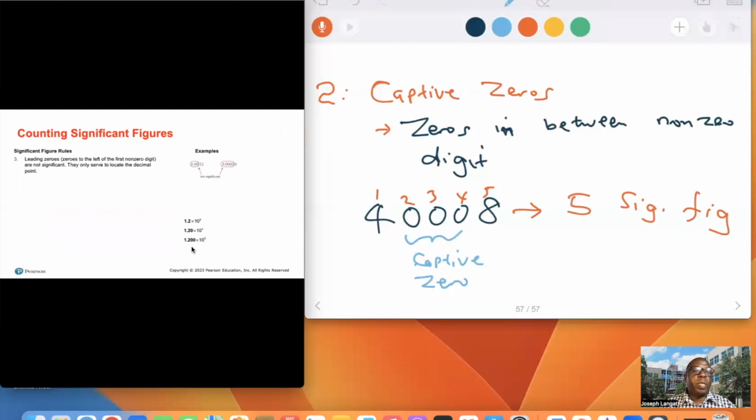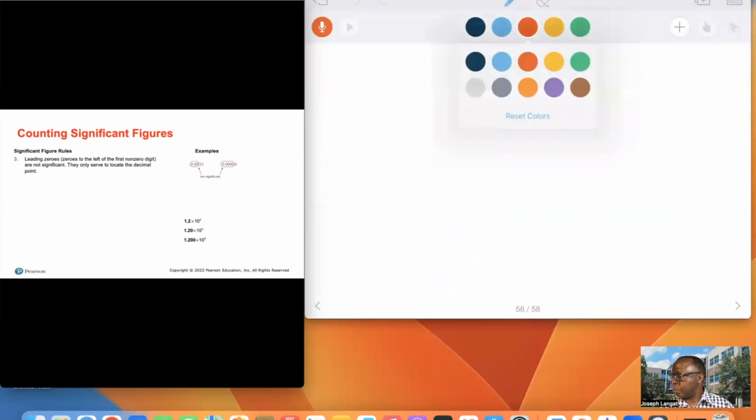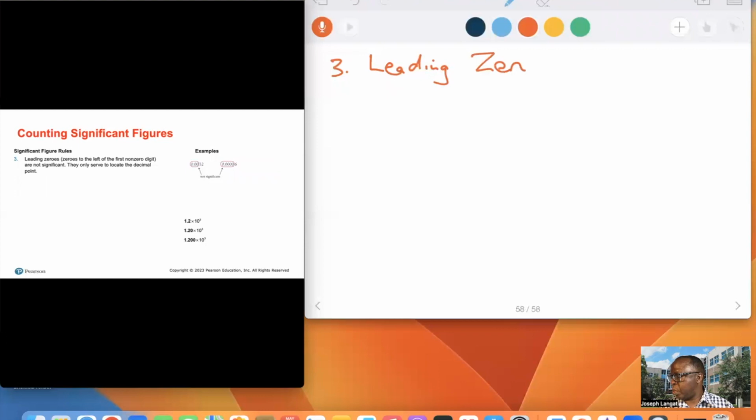Now, leading zeros. Like say 0.003 here, leading zeros. They are just placeholders and they do not count.